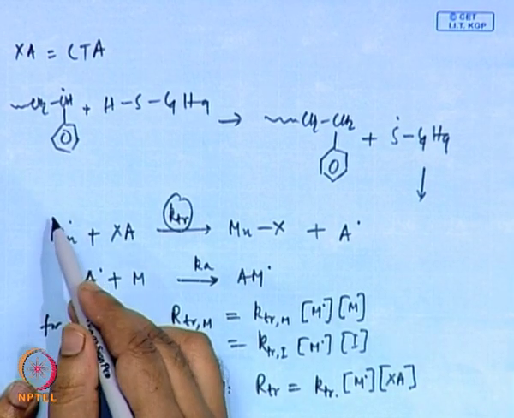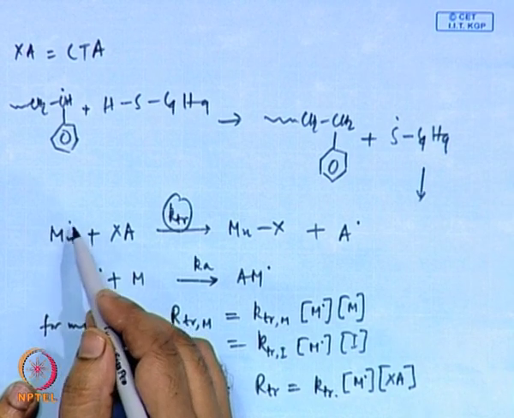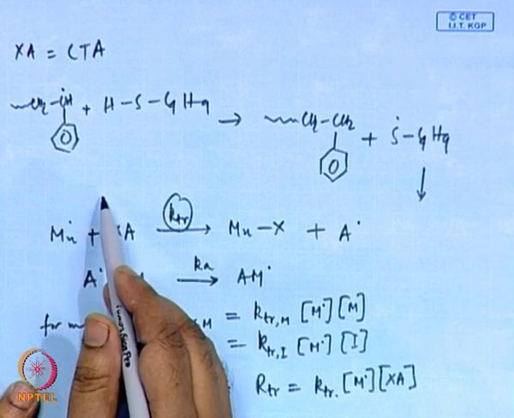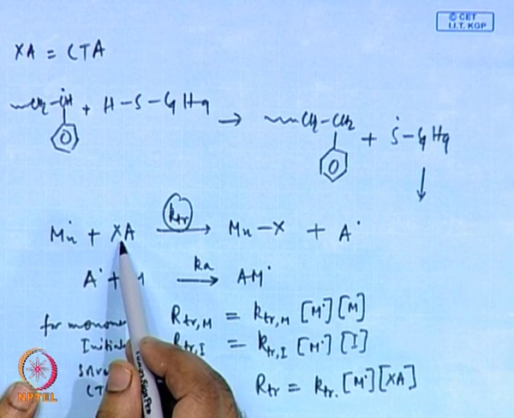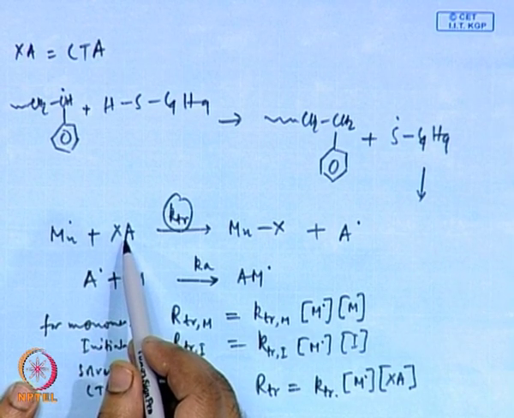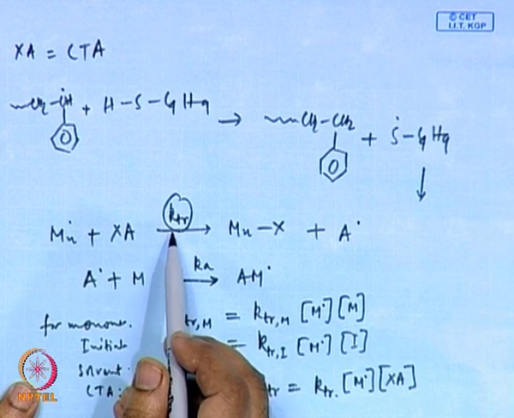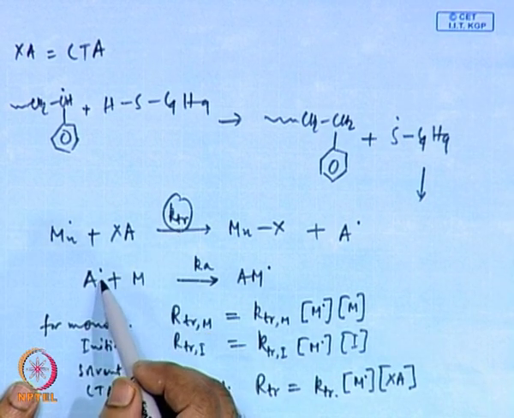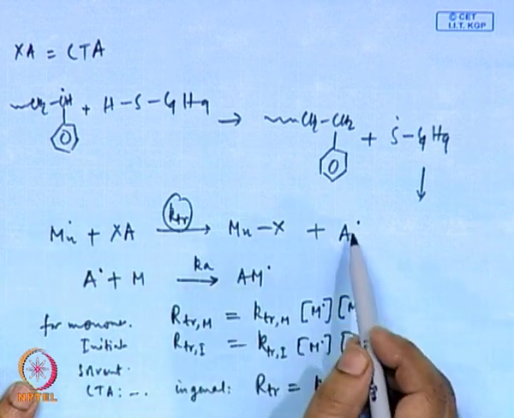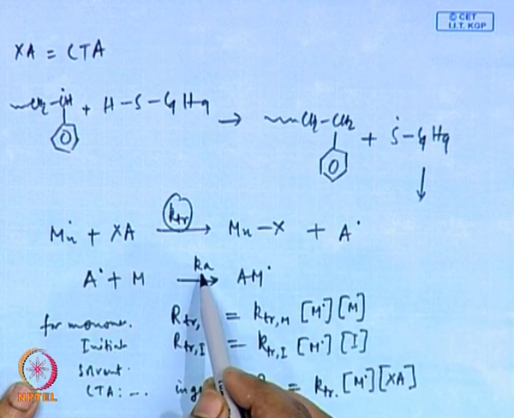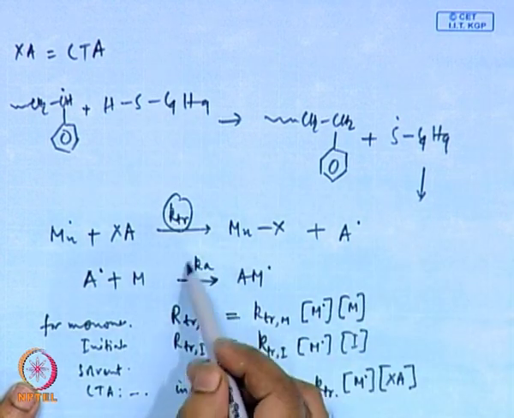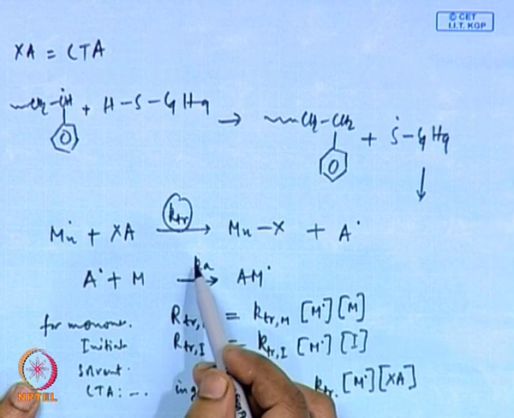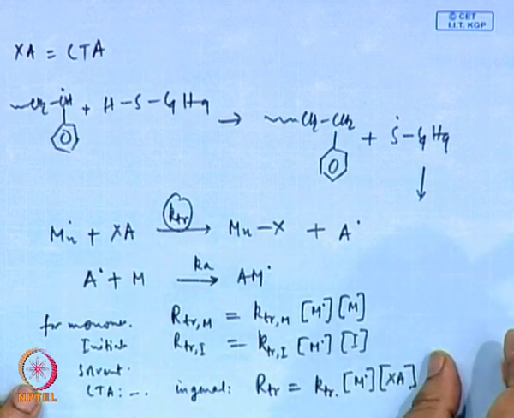A propagating radical can react with a monomer, which corresponds to Kp, and it can react with a transfer agent, which is your rate constant for transfer reaction. And when this new radical is formed, it initiates another new chain polymerization with a rate constant Ka.